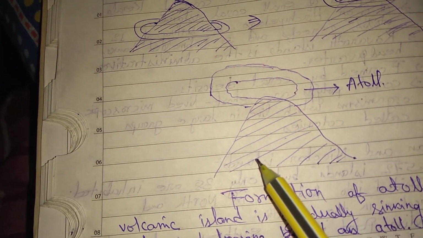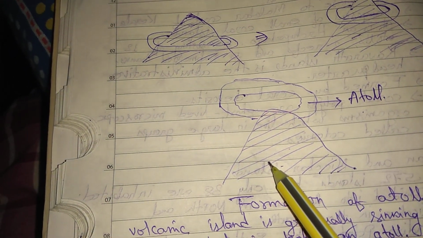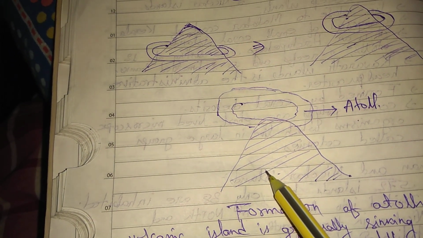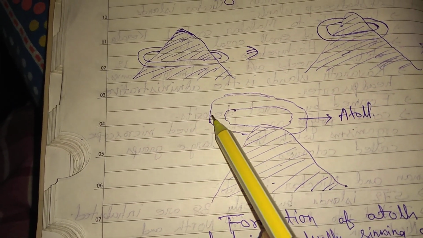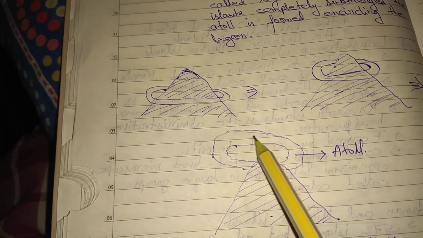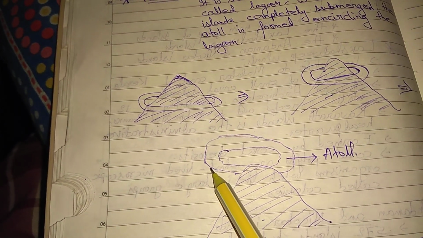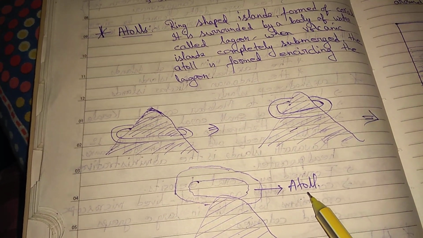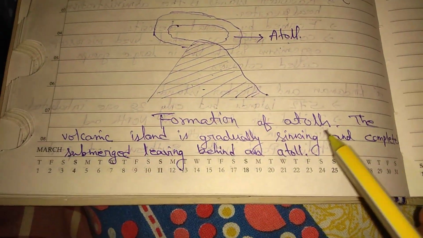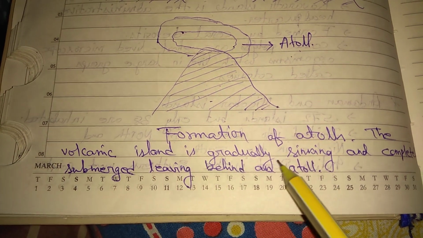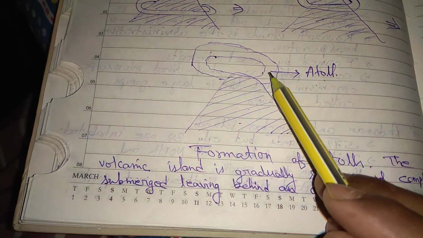When this volcanic mountain is completely submerged underwater, above it there is a circular ring, and this circular ring is called the atoll. Here I have also written: the volcanic island is gradually sinking and completely submerged, leaving behind an atoll.